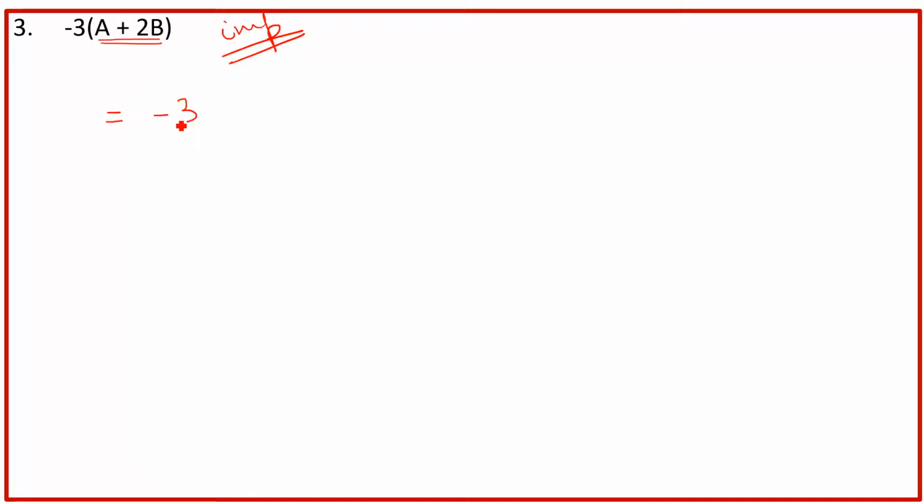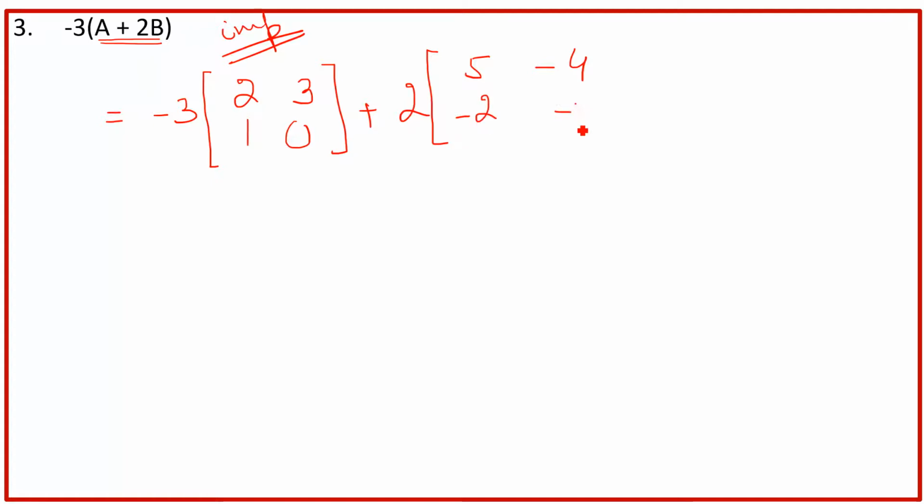Write down -3 as it is, and then whatever you have in the A, 2310, same thing, plus 2, and what we have for B, 5 minus 4, minus 2 minus 1, right? And then this is parenthesis closed from here.